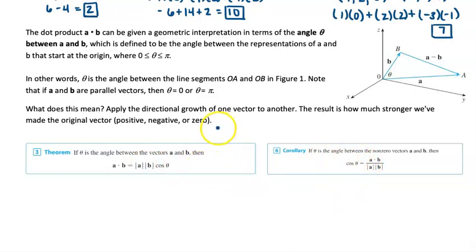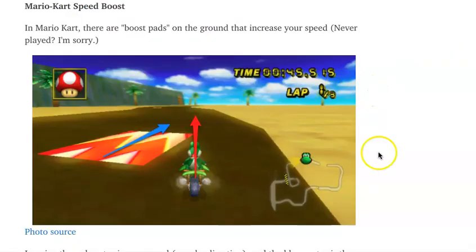And before we move on, let's look at kind of a more real-world example of what the dot product really is. So I found this example of what a dot product is using the Mario Kart Speed Boost, and I really love it. So if anyone has played Mario Kart, you know that you're a character and you want to hit these boost pads because these boost pads increase your speed in some certain direction.